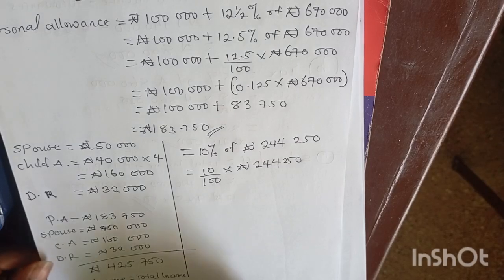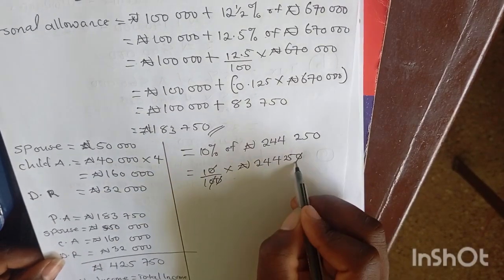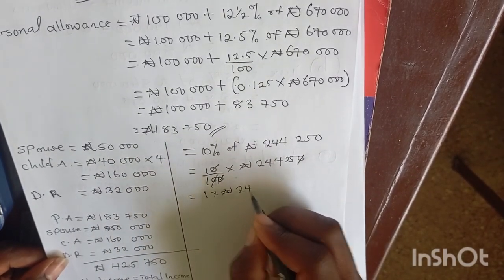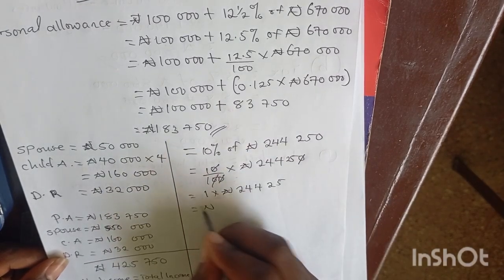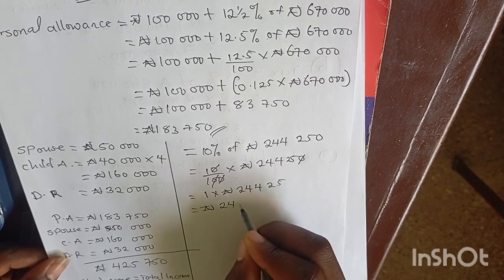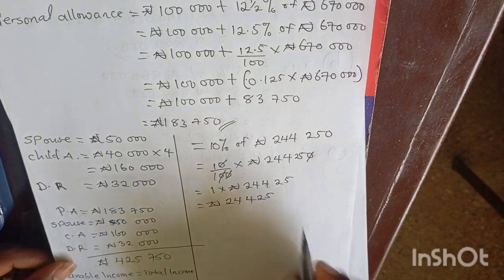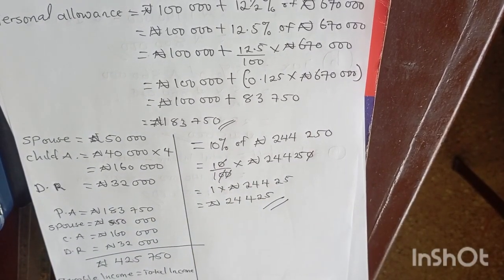So we can easily go, 0 goes with this 0, which is the same thing as 1 times 24,425, which is 24,425. That means this is the tax that the person pays, because the question asks how much tax does he pay in a year. So this is the tax which he pays in a year.